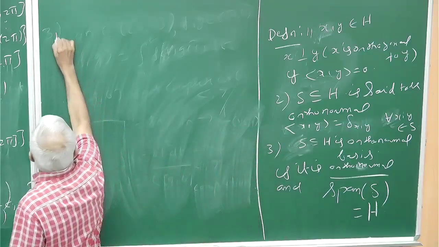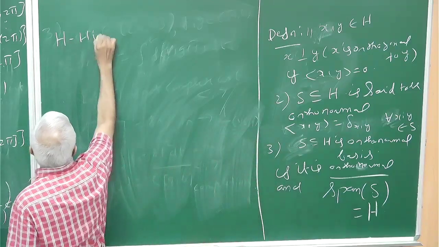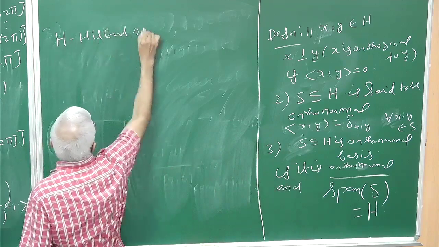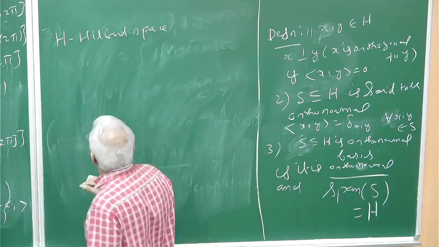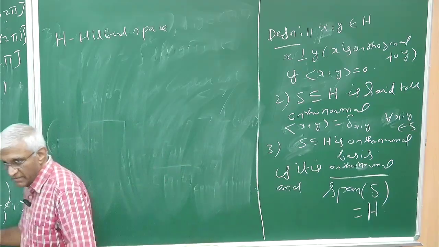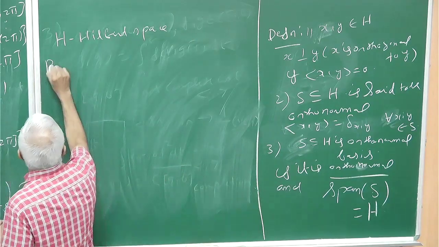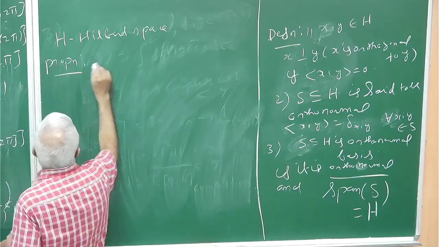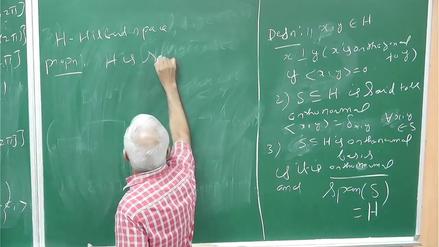Before that, I wanted you to start with a Hilbert space. H is some abstract Hilbert space, and we work with separable Hilbert spaces. Maybe I'll write a proposition. Proposition: H is separable.